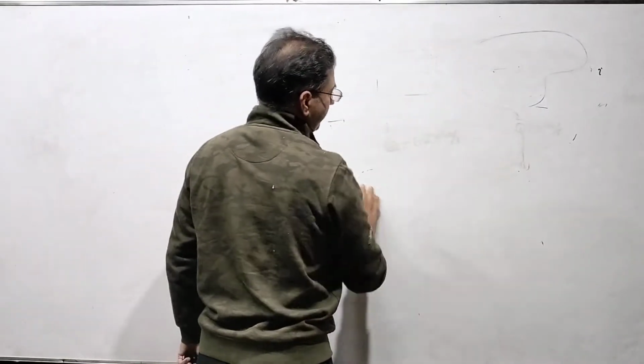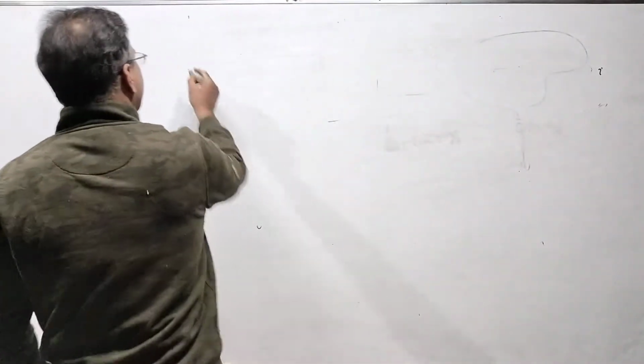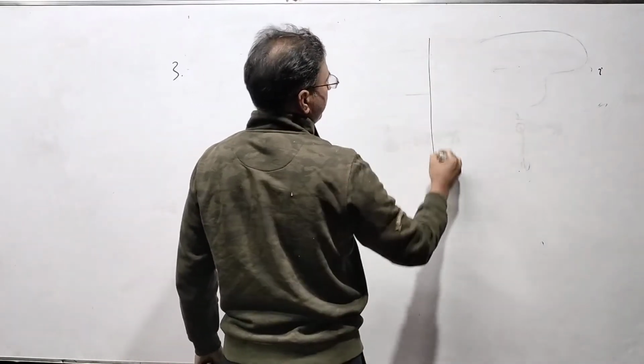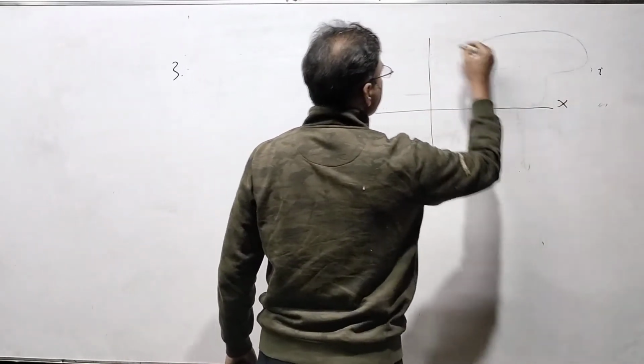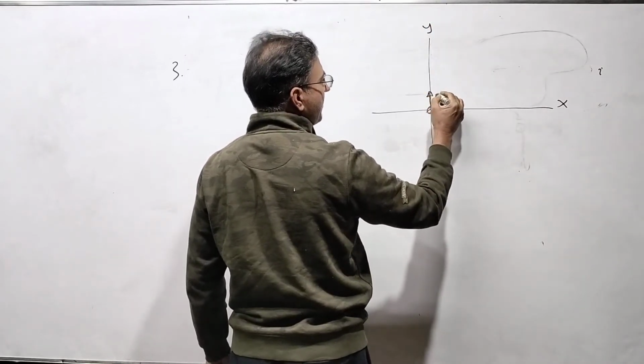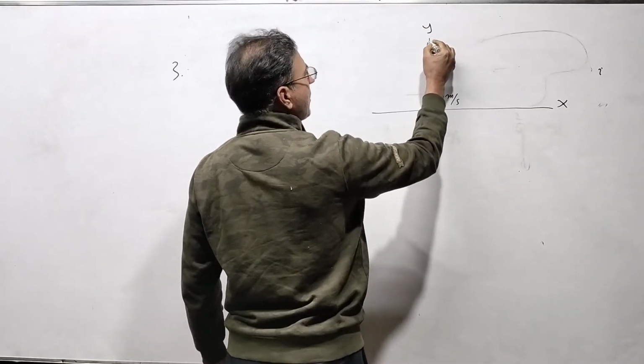I will use this special technique to solve that problem. Third one, the problem is like this. It is x, it is y. Here is an object at the origin. It has velocity 10 meters per second. Here is another object.